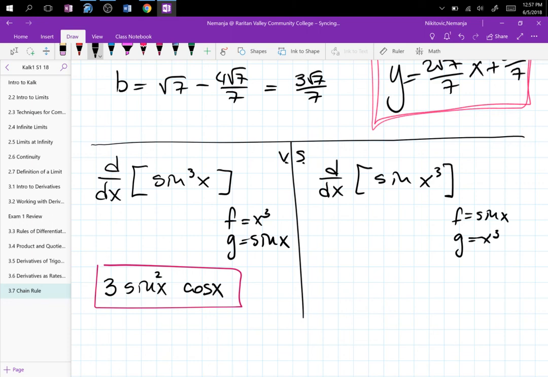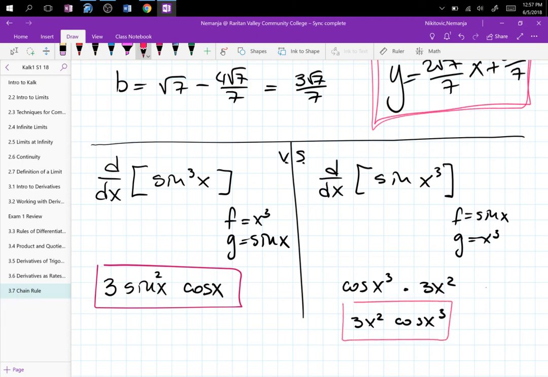So the derivative of this one is cosine x cubed times 3x squared, or nicely written 3x squared cosine x cubed as the answer. So it matters where the cube is. It's either on sine or it's on x.